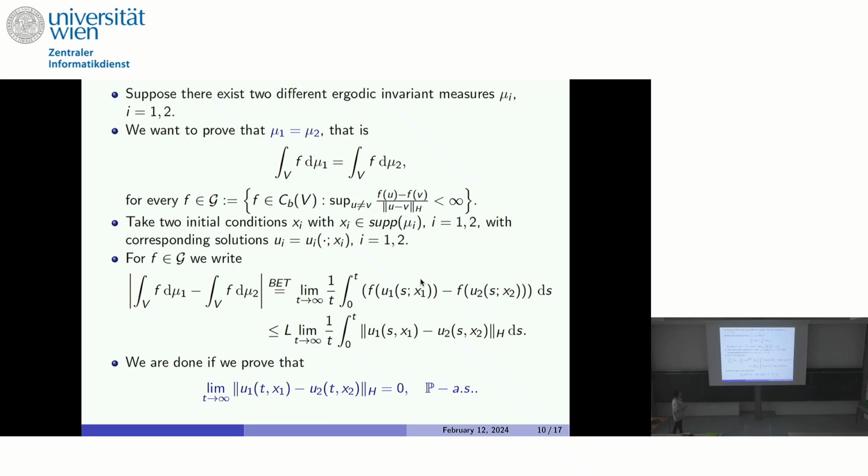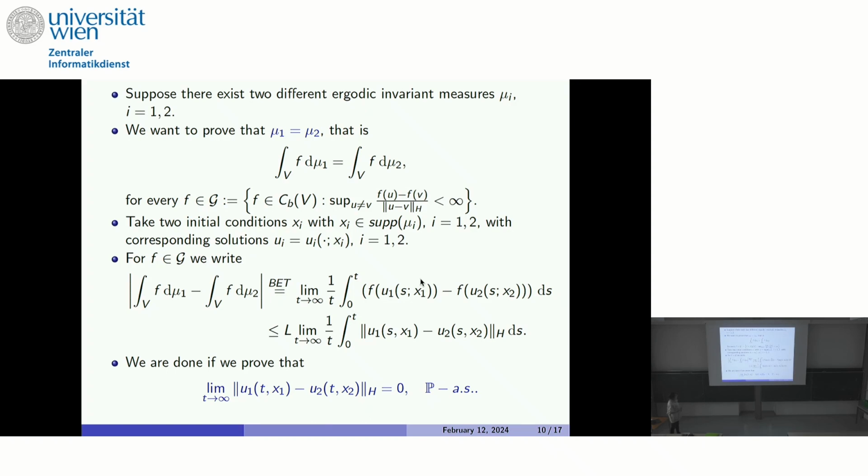So more in detail, what is the idea? We suppose that there are two different ergodic invariant measures mu_i for i equal to 1 and 2, and we want to prove that these two ergodic invariant measures are equal. So it will be enough to prove this equality here.